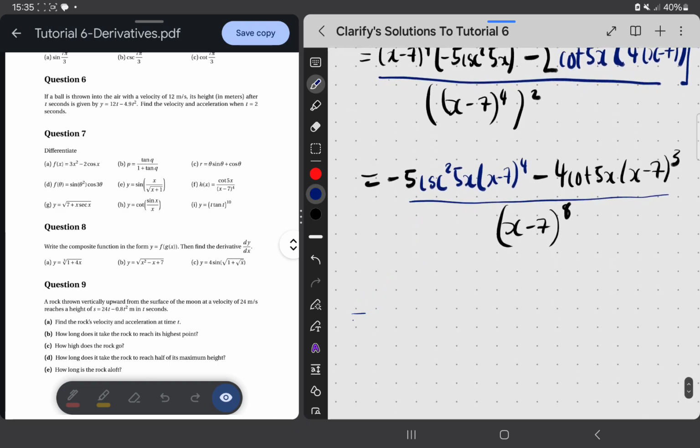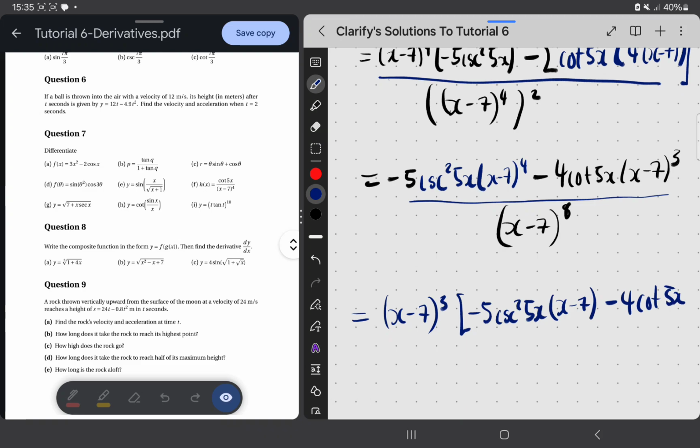Then can we simplify it? Yes. We can pull out an x minus 7 to the power of 3, the lowest power possible. Here we remain with minus 5 cosec squared 5x. But since you've already taken x minus 7 to the power of 3, you just remain with an x minus 7. Then it's going to be minus 4 cot 5x. The power of 3 is all gone, so there'll be nothing left there.